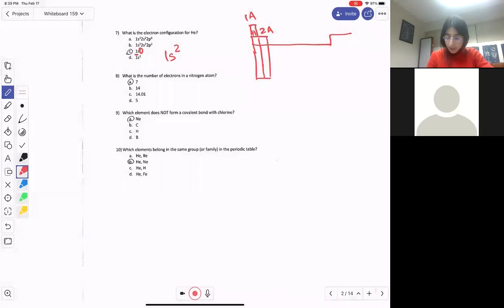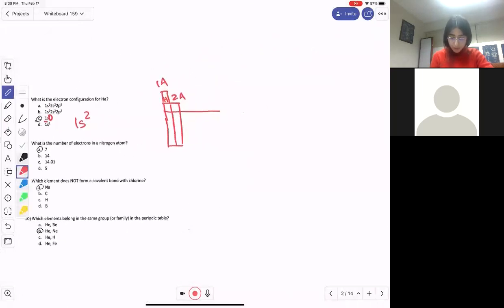Okay, so here I have lithium, beryllium, and then I have boron, carbon, nitrogen, oxygen, fluorine, neon, and then here helium is in group 8A or 18. These are the rest of the elements. I mean, we're not that concerned about them.